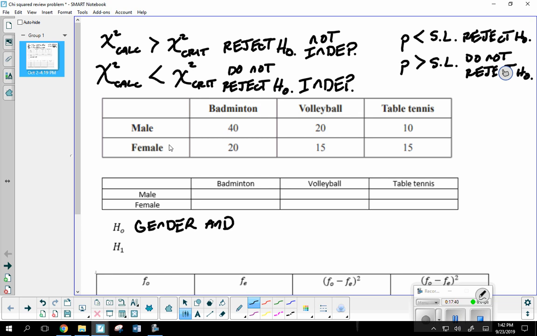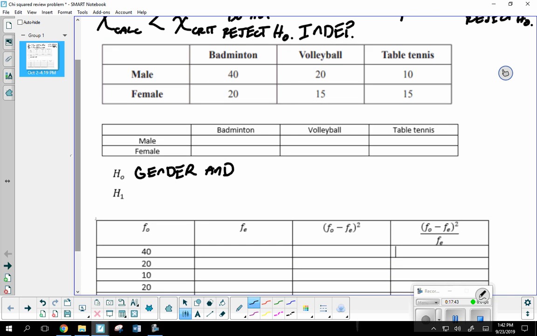All right, so anyways, back to the problem. So gender and, what did I say, sports preference? Sports. And you can tell I'm a math teacher. Is that the correct way to spell preference? It is not? Then how do I spell it correctly?